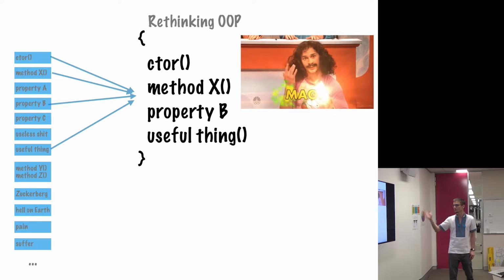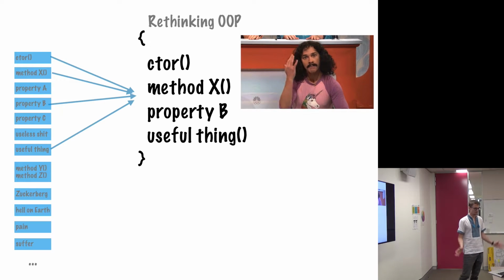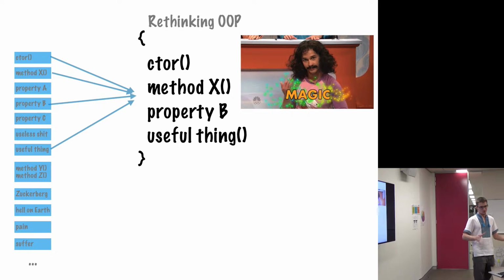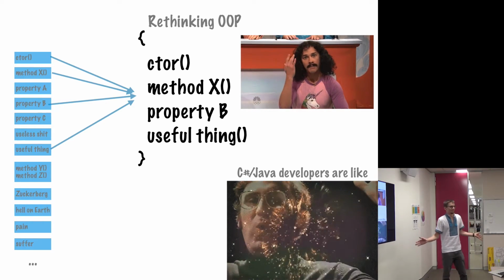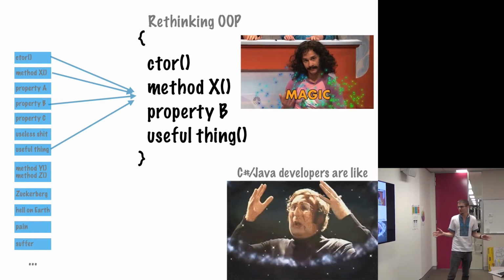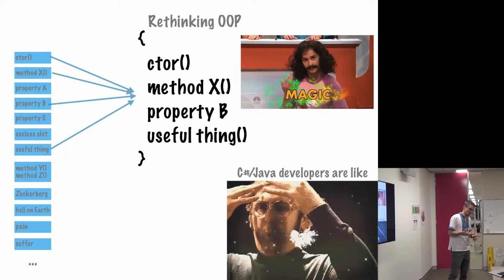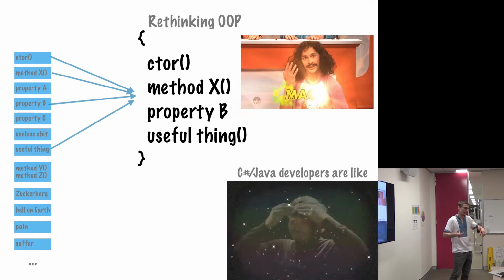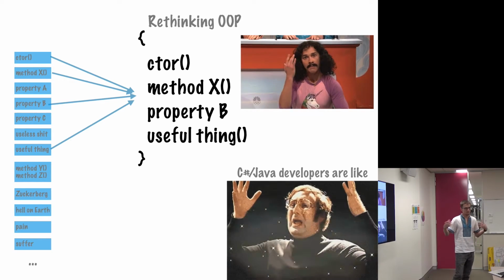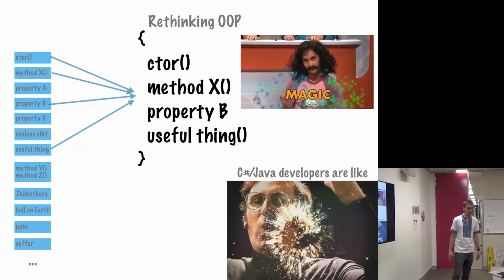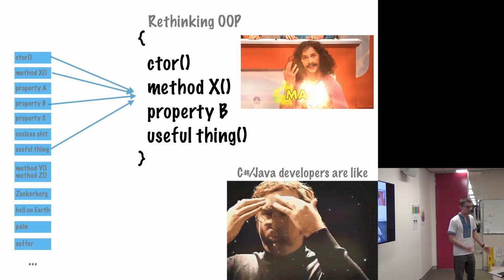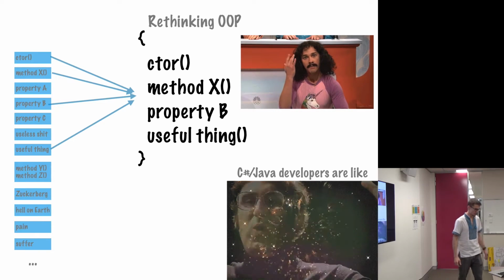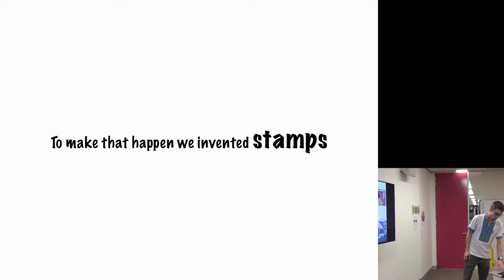Constructor, method X, property B, and useful thing. No other stuff. And typically, at that point, C# and Java developers go like, that's too much magic now. How about conflicts? How about constructors? How about you name it? And these are all technical questions which you don't know how to solve because you always learned classic OOP languages.